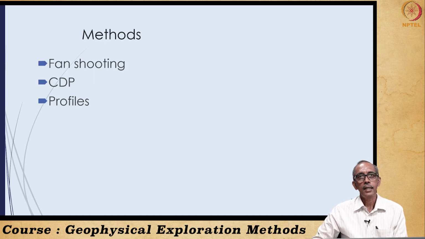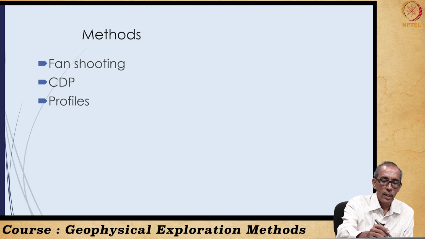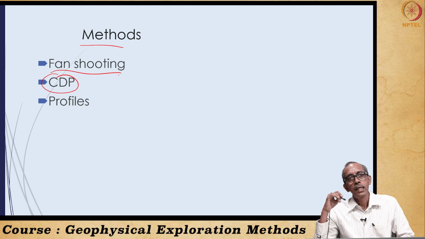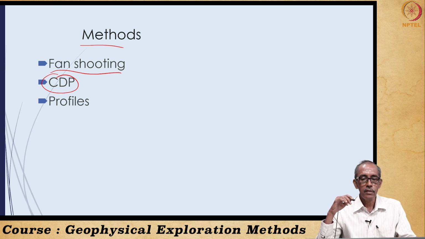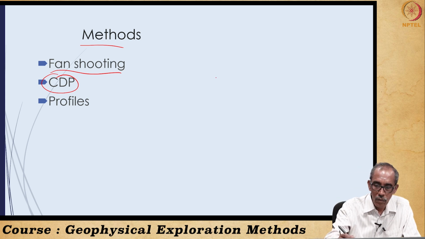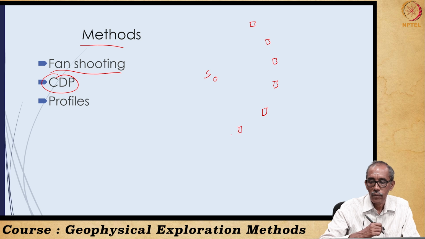Then what are all the other methods of sounding? Just now we had seen common depth point sounding. The other method of carrying out the seismic reflection survey is fan shooting. It is similar to what we had seen already. The source and receivers are kept at the same distance around the source, as you see in the drawing which I am making.